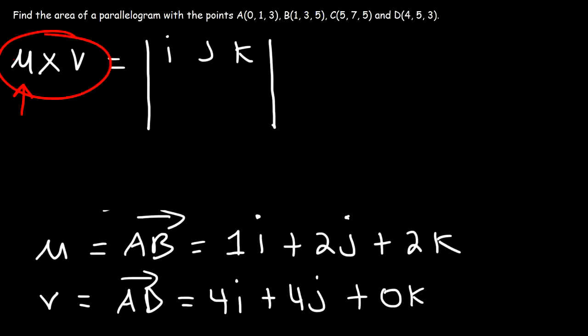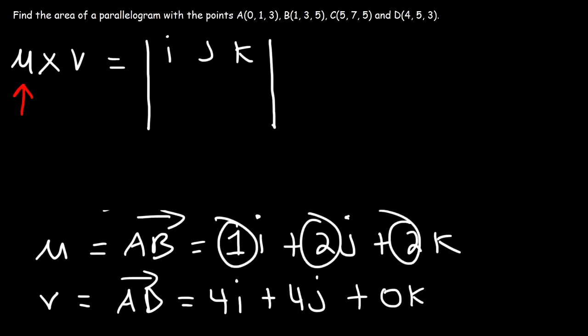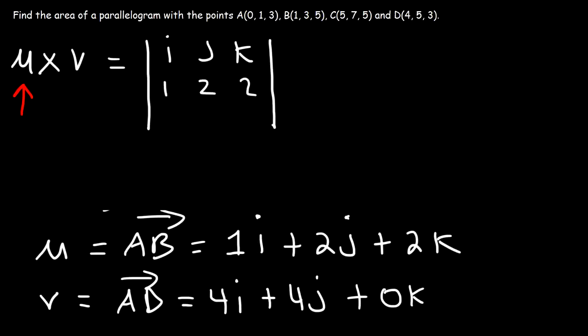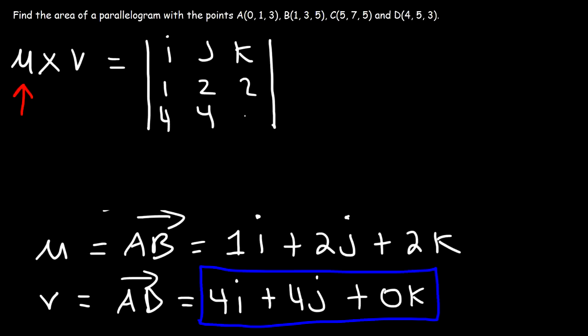The cross product of u and v versus the cross product of v and u will give you different results. So you need to write the first vector in the second row. And so you need to write the coefficients, 1, 2, 2. So next to i we have 1, next to j and k we have a 2. Now let's move on to vector v. So the coefficients of vector v are 4, 4, and 0.